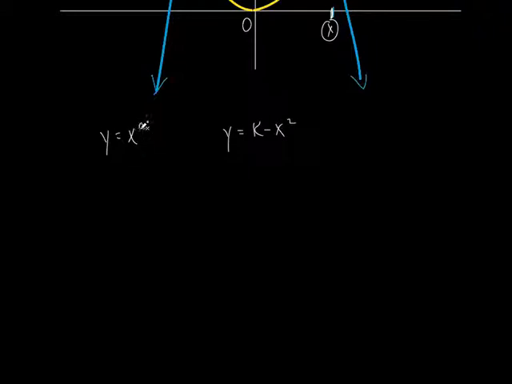If this is equal to y and this is equal to the y, they're equal to each other because remember they share the same x and y. So this y and this y are the same, so that means x squared must equal this thing right here. So I'm going to set them both equal to each other. So x squared equals k minus x squared.